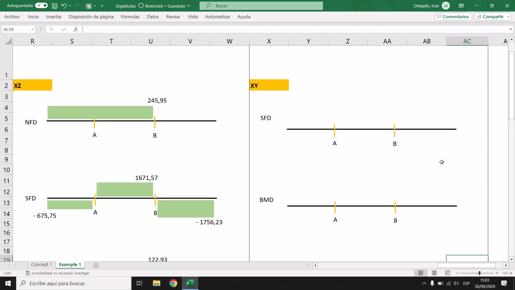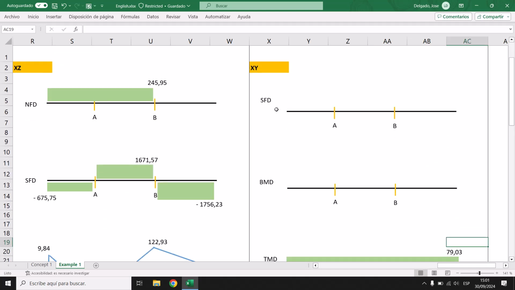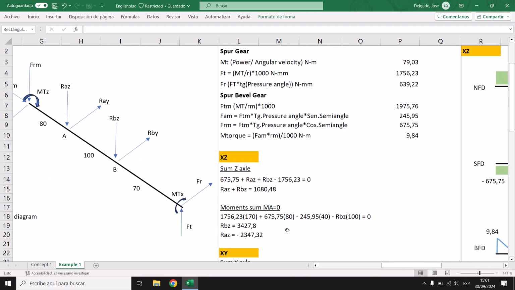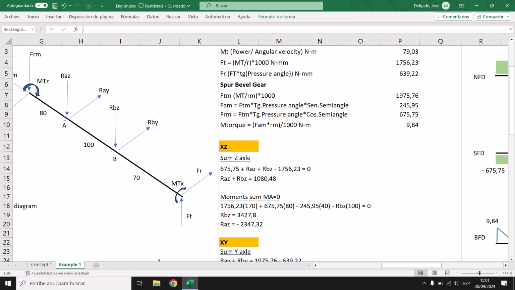Okay, now let's start with our shear force diagram. Our first value, just copy. As you can see, we already know the correct direction here. It's here for A, minus positive. In the case of B, BZ is positive.